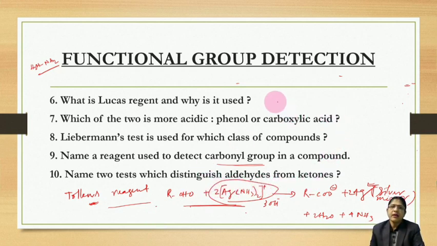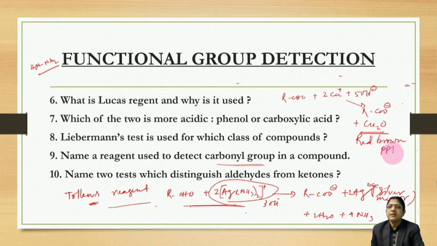When aldehydes are treated with Fehling solution, aldehydes are oxidized, RCOO-, Cu2O. This is red brown precipitate.